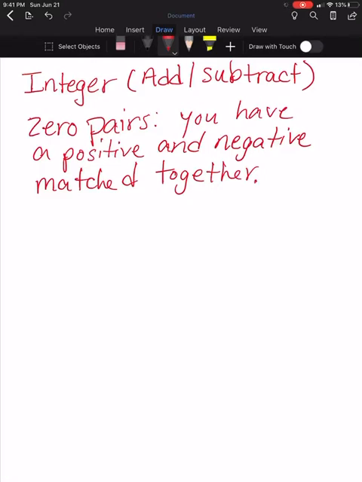Usually you use zero pairs when you have chips in front of you, but we'll talk about that part when we get to the chip part. So you have a positive and negative matched together. That's what we call a zero pair.